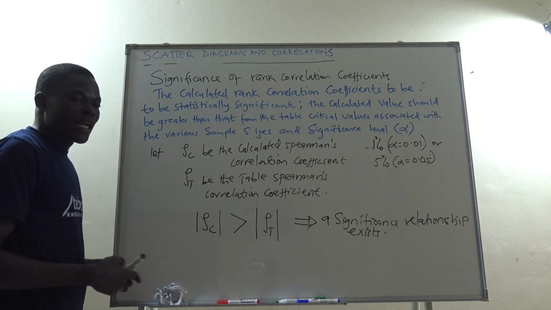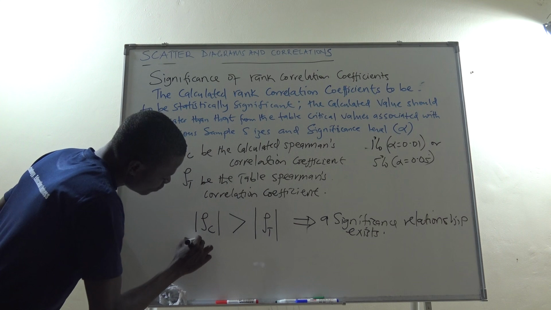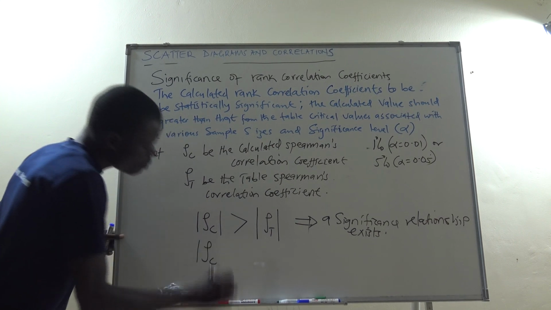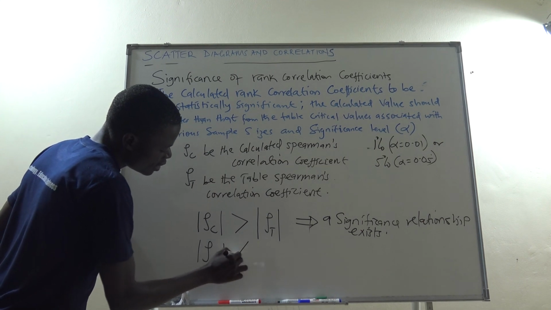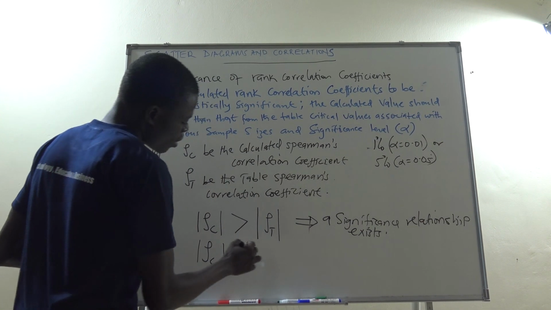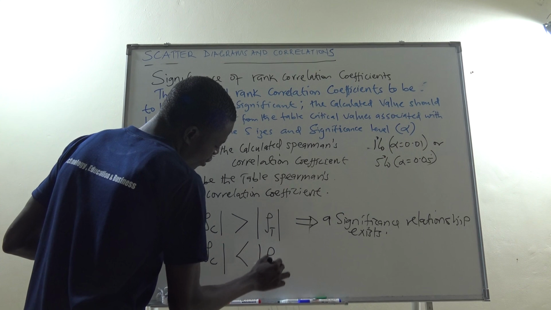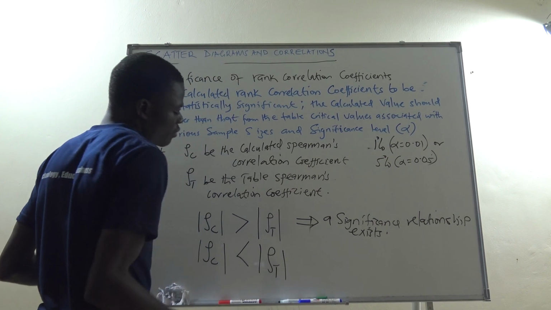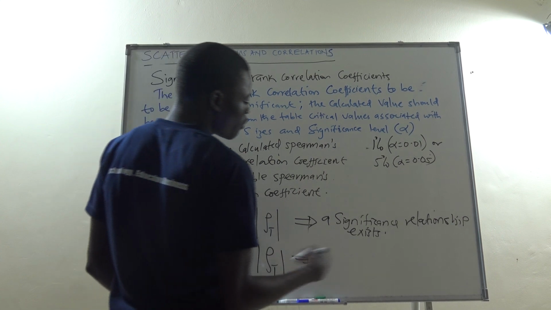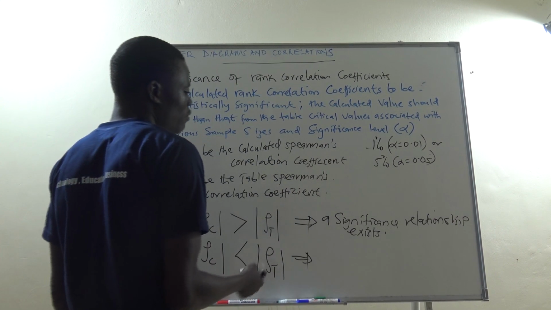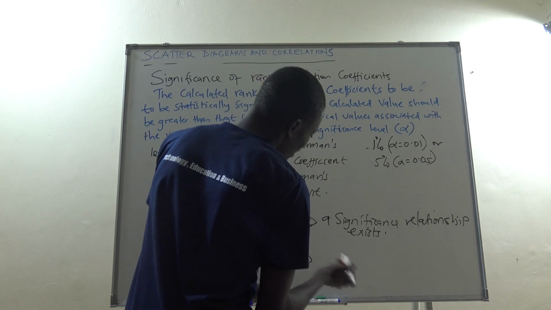And then if our calculated Spearman's rank correlation coefficient is less than the table rank correlation coefficient, this implies that there is no level of significance, or there is no significant relationship existing.